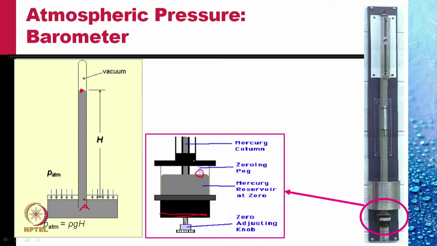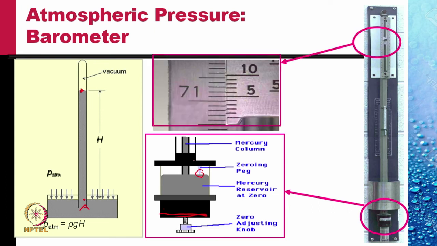So the length of the column standing above the cup level, when measured against this provided scale, gives you the height h of the mercury column. The top end carries a vernier, and using the rule of reading verniers, we can read the pressure.